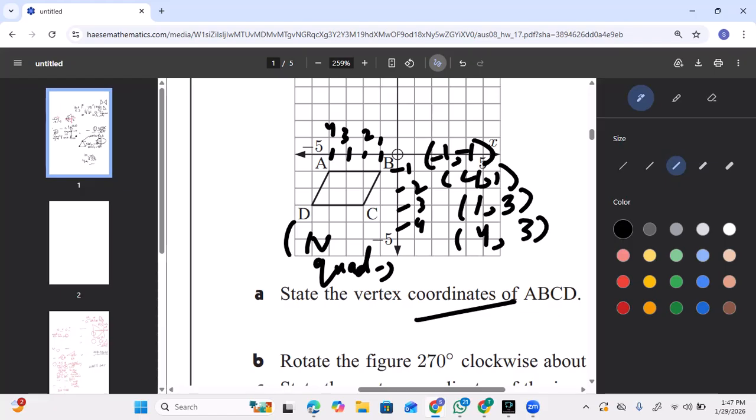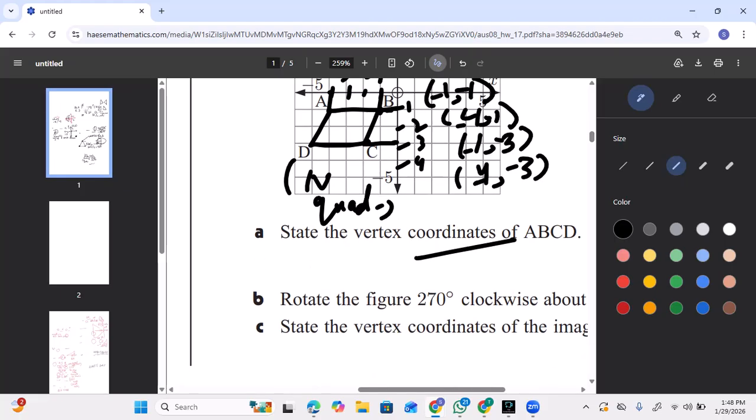So B is present at this point 1 and 1, A is present at 4 and 1, C is present at 1 and 3, and D at 4 and 3. So this is how a rectangle is made in the coordinate plane, and how the coordinates are placed as vertices.